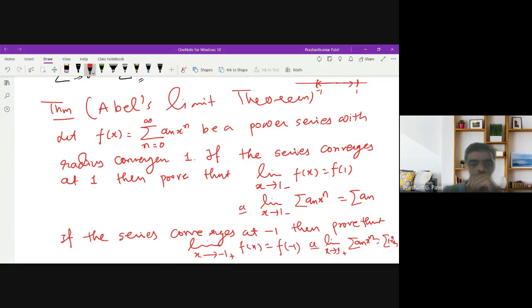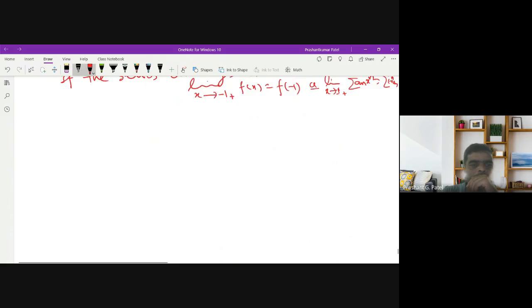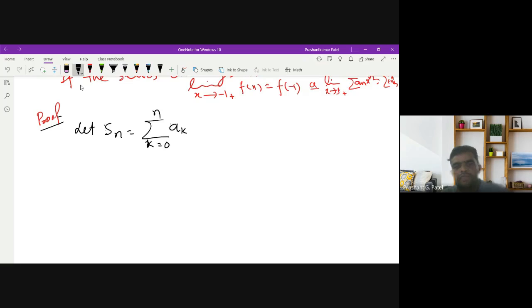So to prove this one, let us consider Sn equal to summation k running from 0 to n of ak. That means it is a partial sum of ak.